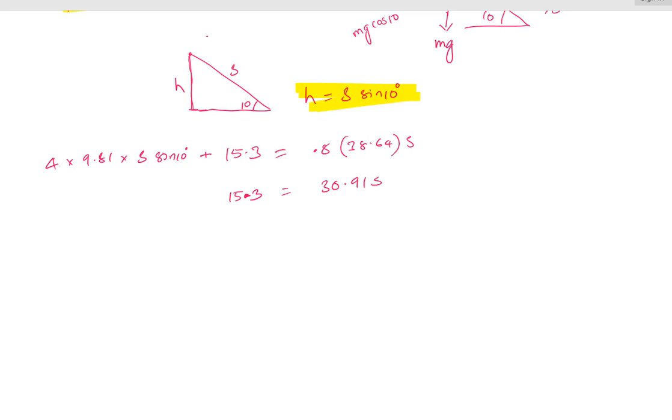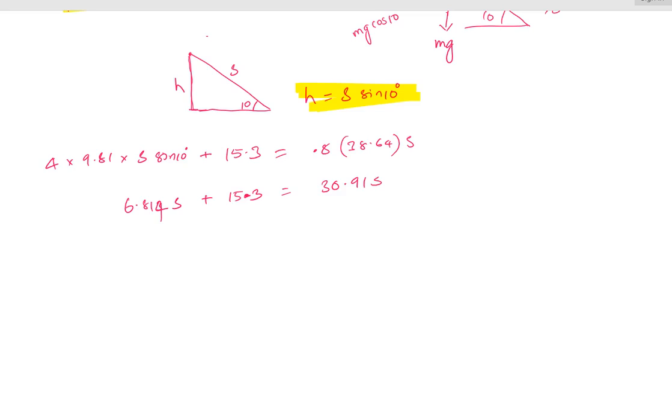So we have 15.3 plus 4 times 9.81 times sine 10 degrees, which is 6.813814 s.